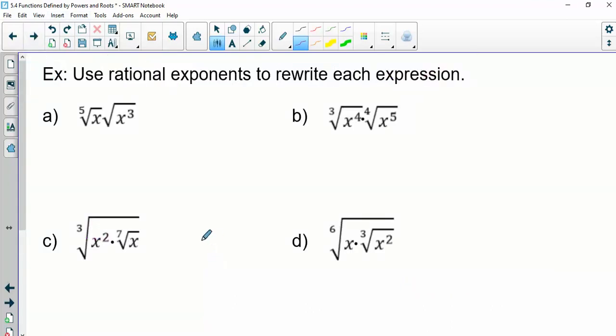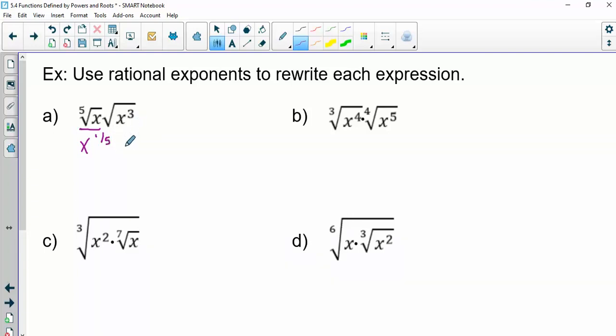So now that we know what we're doing, let's do it with variables. Let's start simplifying this stuff. So if I have the fifth root of x, how would you write that with a fraction? That's x to the 1/5 power.